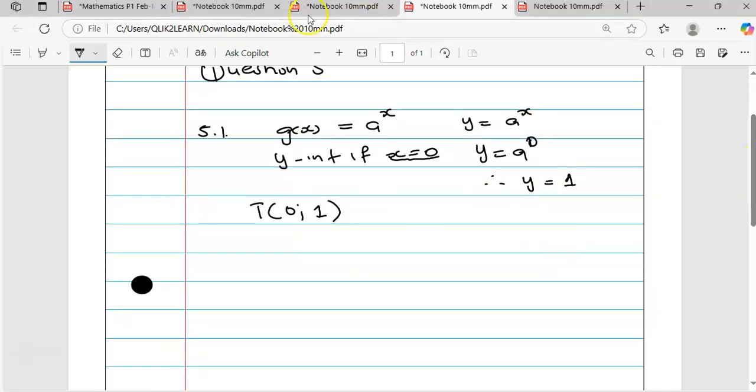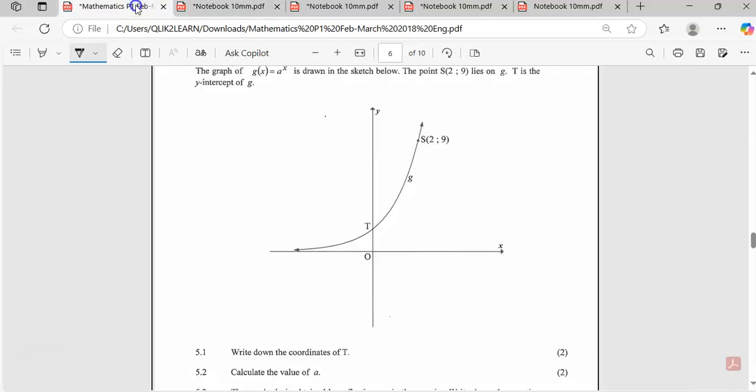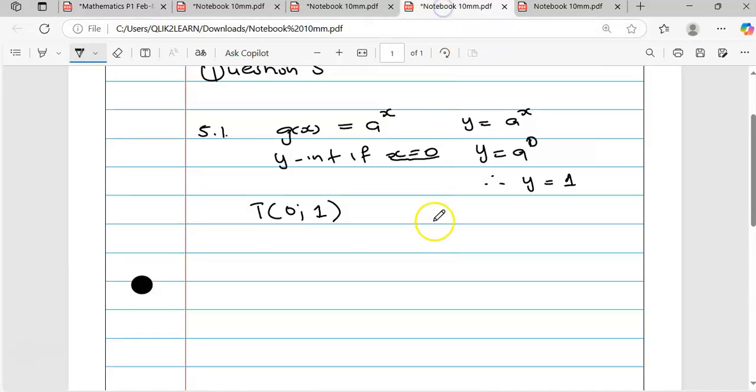Then on 5.2, they want us to find the value of a. We can use this point to find the value of a, right? So now this is 5.2.